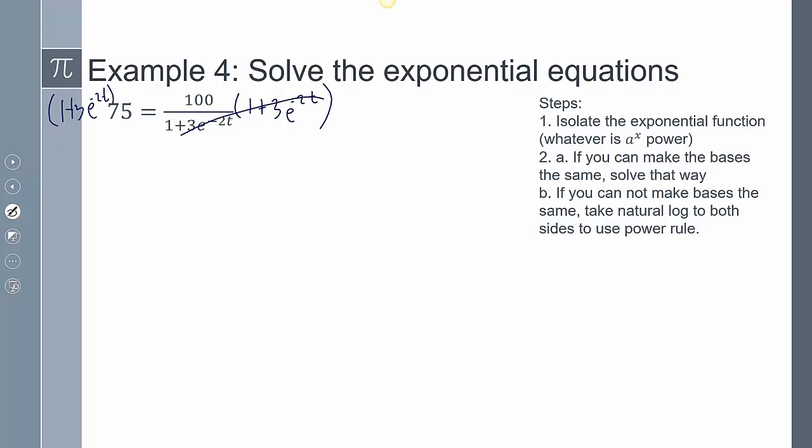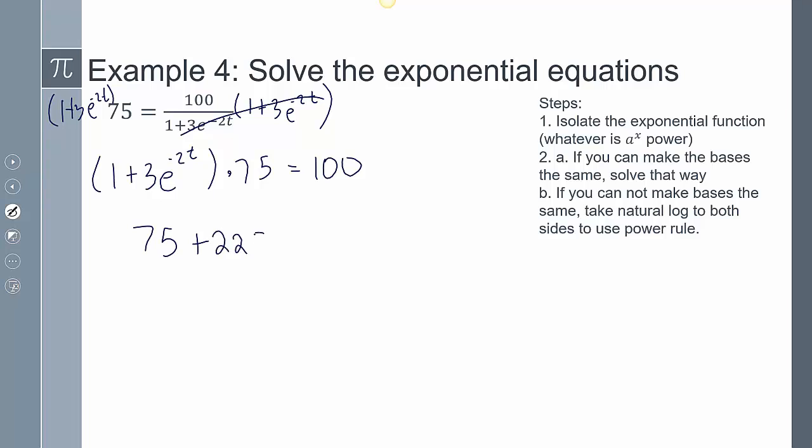So it cancels out on this side, and I'm going to get 1 plus 3e to the negative 2t times 75, and that's going to equal 100. Distributing the 75 through, I get 75 plus 225e to the negative 2t, and that's going to equal 100.